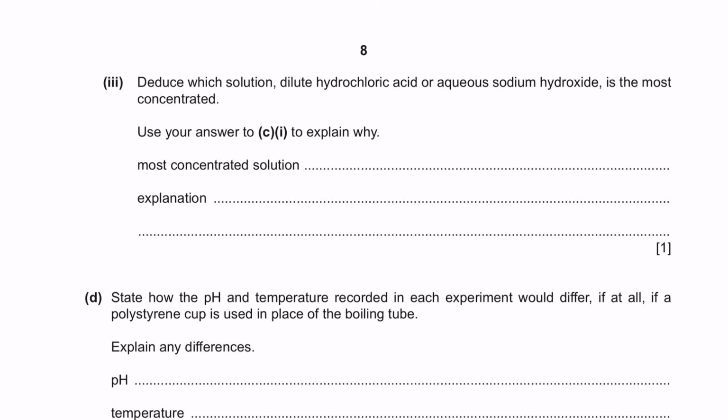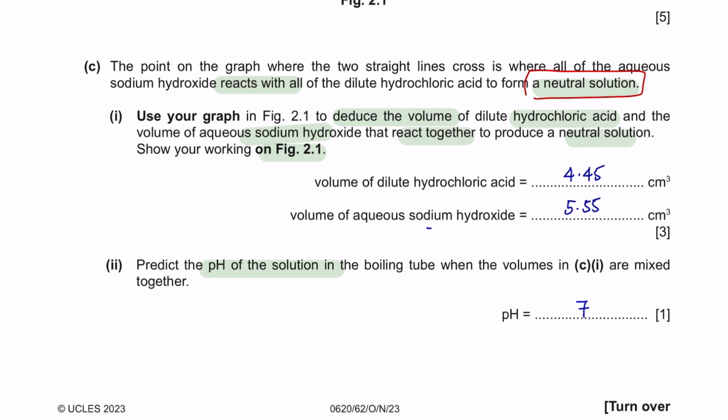Next, part 3. Deduce which solution, dilute hydrochloric acid or aqueous sodium hydroxide, is the most concentrated. Use your answer in C part 1 to explain why. So we need to find out whether HCl or sodium hydroxide is more concentrated. When both reacted together, it forms a neutral solution of pH 7.